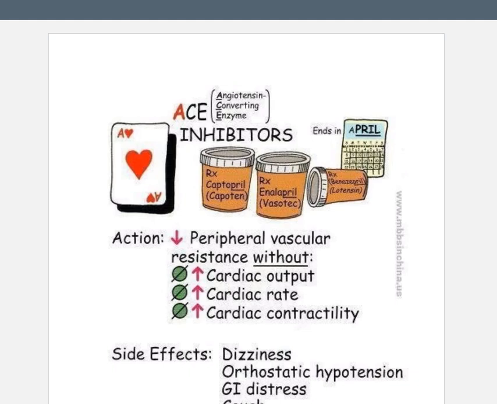So again, just assessing blood pressure, heart rate, looking for signs of orthostatic hypotension. The patient may have dizziness, flushing, signs like that. So that's the most important information that you need to know.